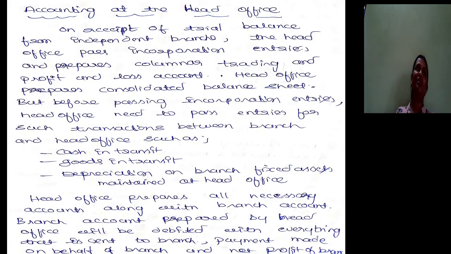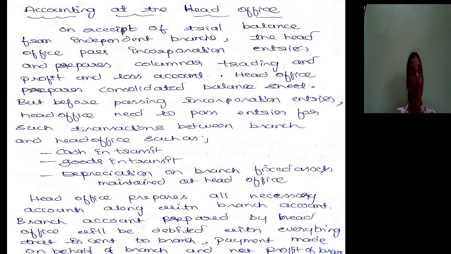At the end of the year it receives accounts, particularly the trial balance from the independent branch, and immediately it will prepare the columnar trading and profit and loss account and consolidated balance sheet.